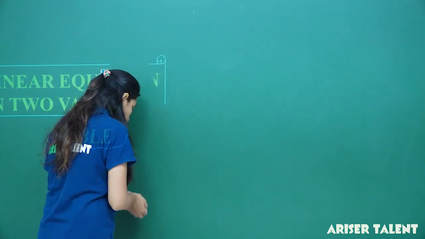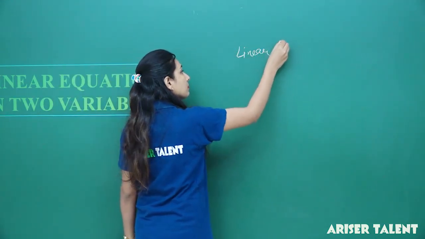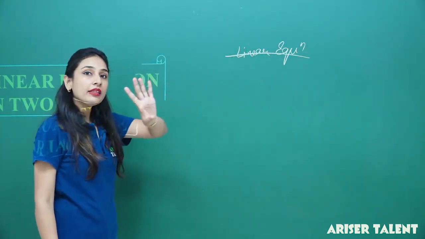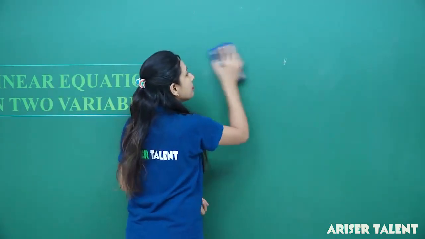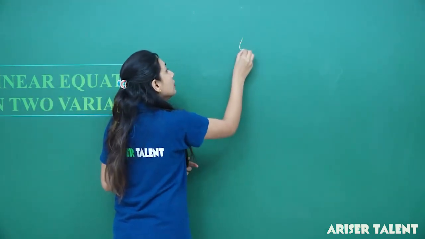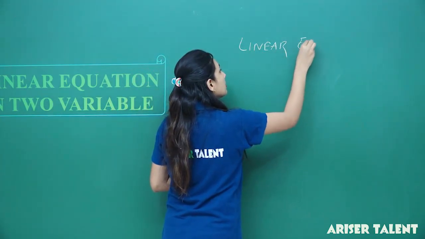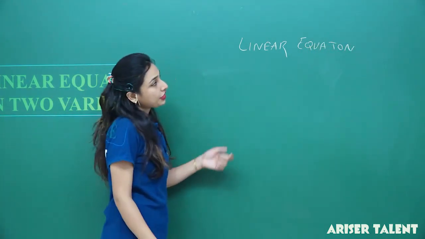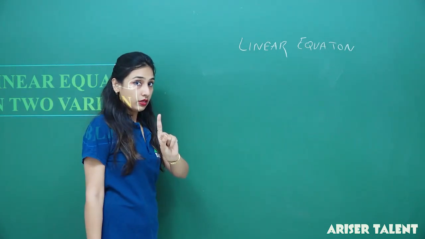Okay, so if I talk about linear equation, it is one in which I am having the degree equal to 1, right? So I have just messed it. Okay, so linear equation. Linear equation is having degree equal to 1, right?